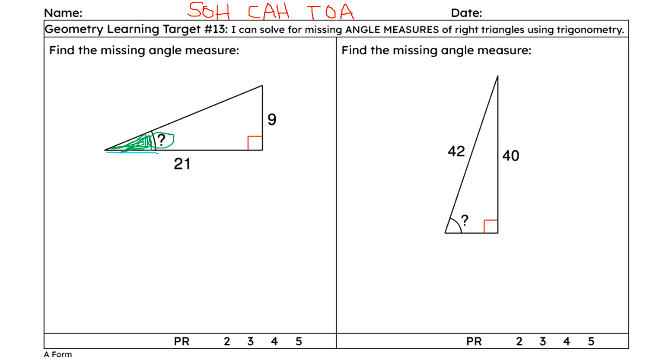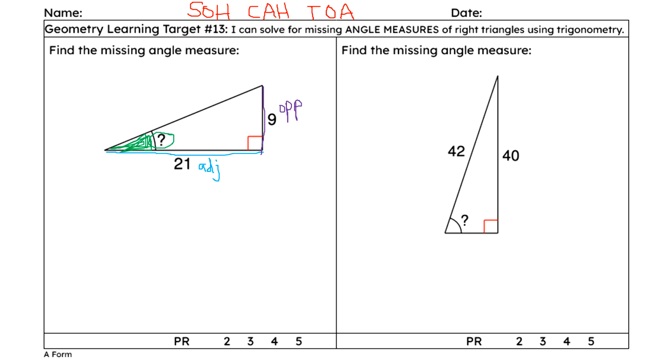So this is the side length that is next to or adjacent to my reference angle. I also have the other leg of the right triangle. It is the side length that is across from my reference angle. This 9 here is your opposite side. My third side is my hypotenuse. That is not given to me, nor am I trying to find it, so I don't even care about it.